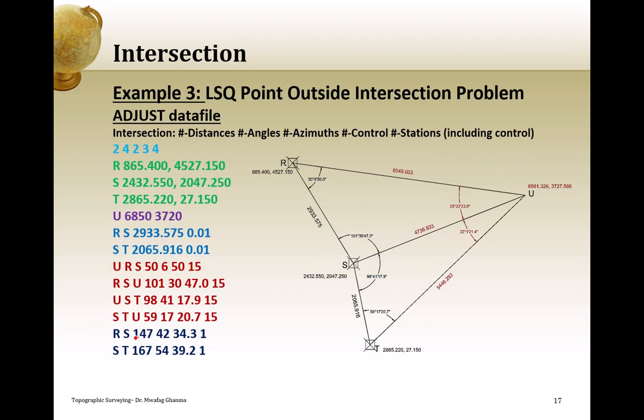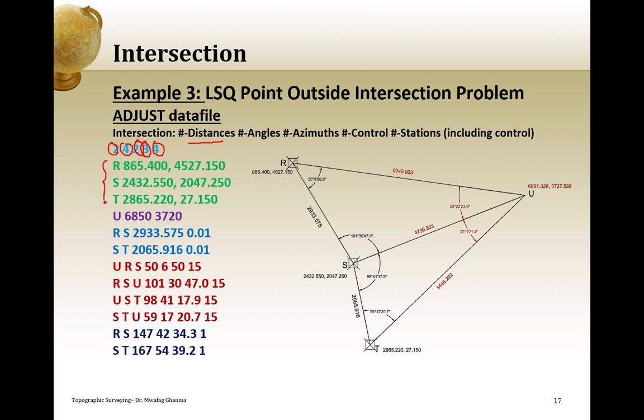Preparing the file is as every file we did before. It is this number of distances. Yes, we have 2 observations in the distances, and we have 4 angles. We have 2 azimuths. We have 3 control points, and total number of 4 stations: 3 control plus 1 unknown.